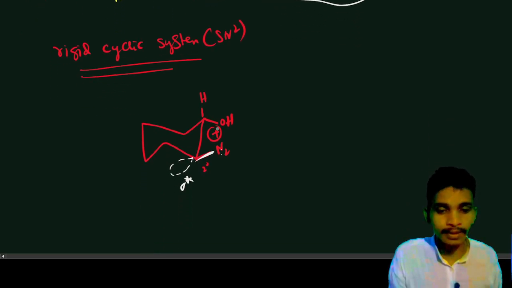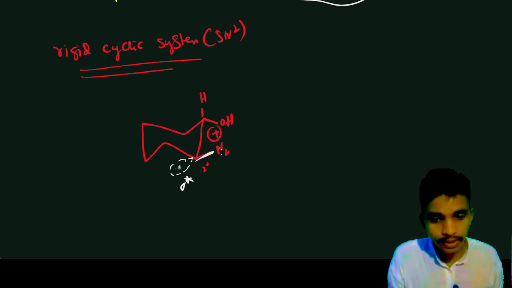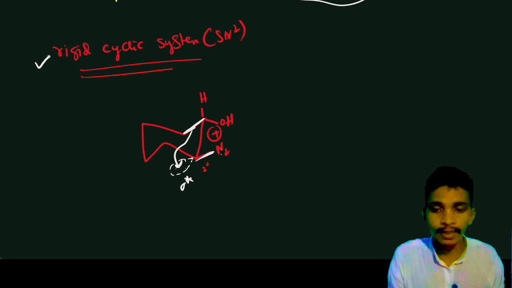Similarly here, its antibonding orbital will be in this direction, and whatever is parallel to this antibonding orbital will attack here in rigid cyclic systems.